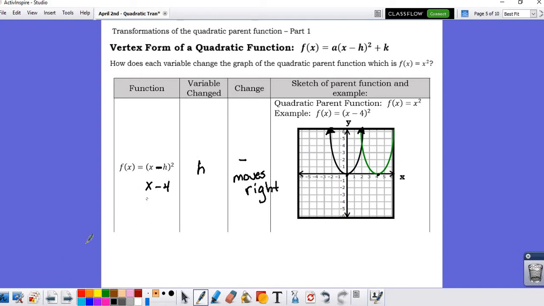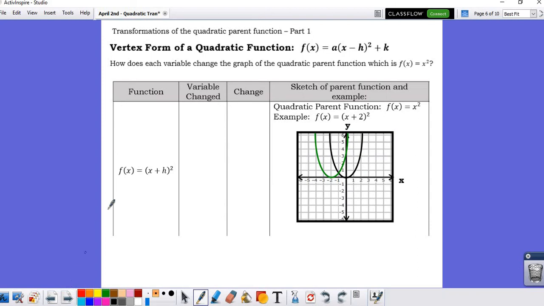And again, this is the number inside the parentheses. Okay. Now, if it looks like I have a positive, what's really happening here, remember this really says x minus h.